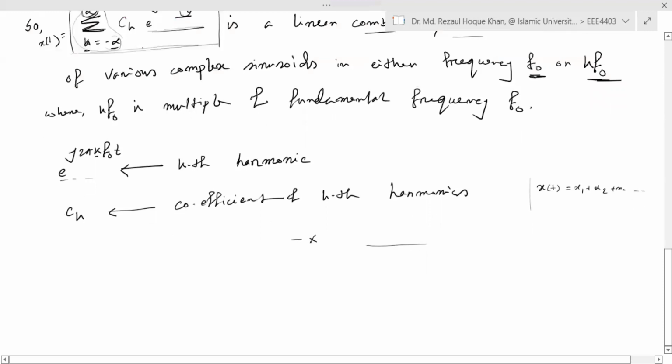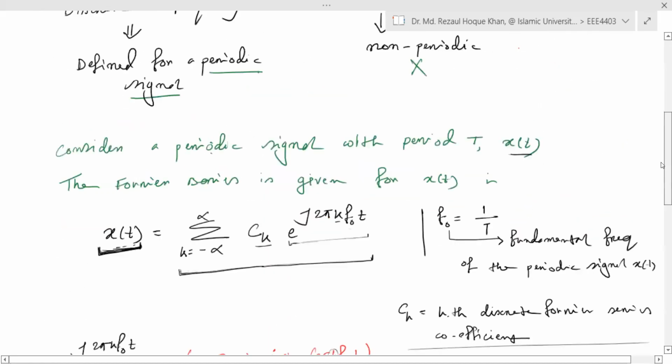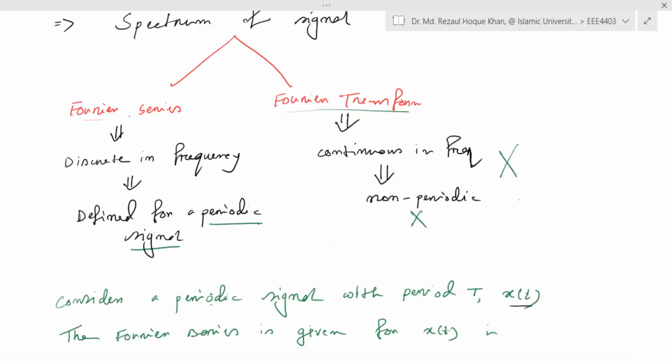Now we'll look into the coefficient ck of the discrete Fourier series. We already defined that we are expressing a Fourier series which is discrete in nature, because this is for a periodic signal.